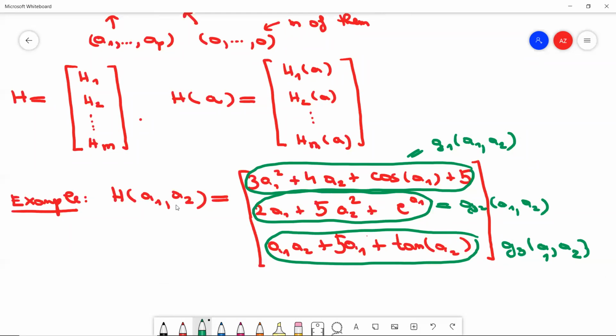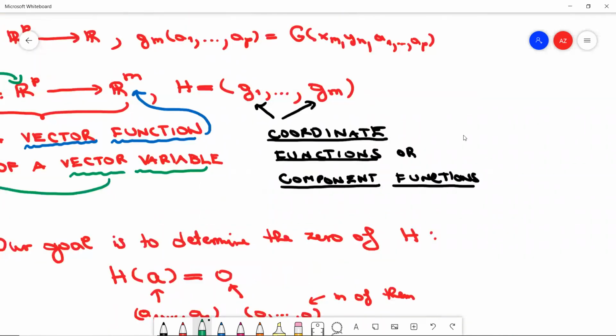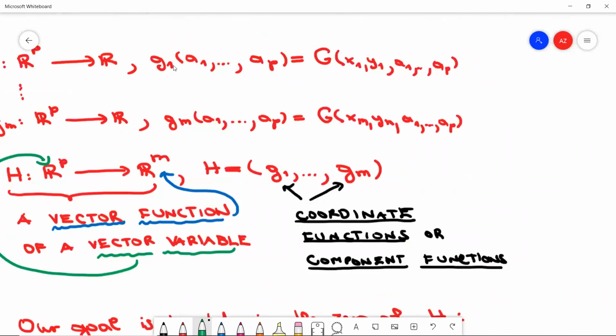And you could ask, where did x1 and y1 and so on, xm, ym, disappear here? They're in fact hidden in those coefficients 3, 4, and so on, because we built these g's, g1 of a1 up to ap, as capital G of x1, y1, a1 up to ap.